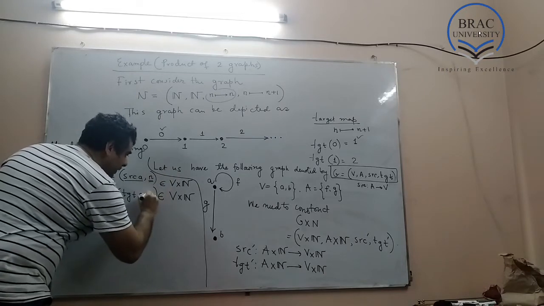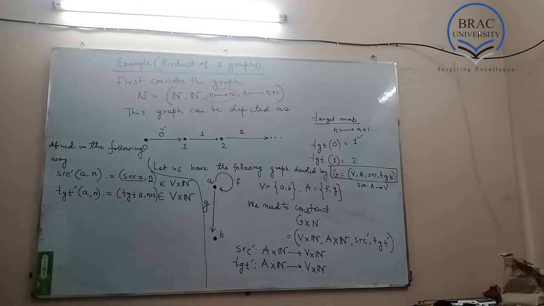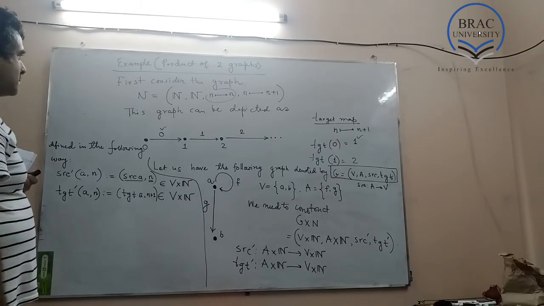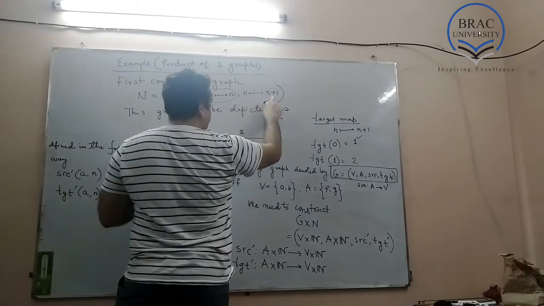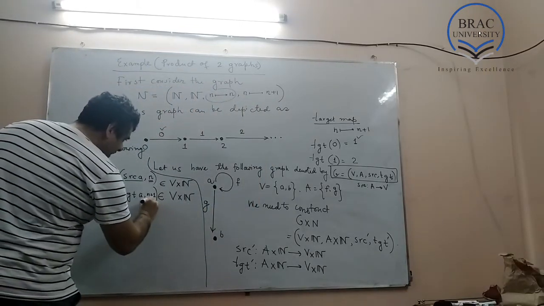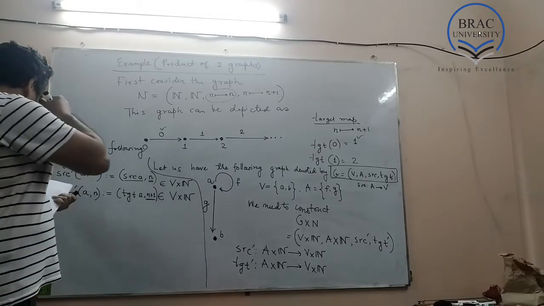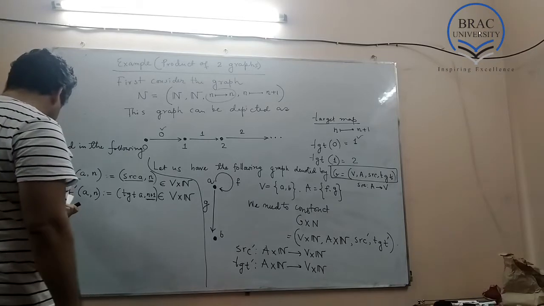This is going to be n plus 1, sorry. All right. This is how we are going to define it. Okay? Because the target map for the first graph was from n to n plus 1. That's why we have n plus 1. Okay. Now, how will the graph look?